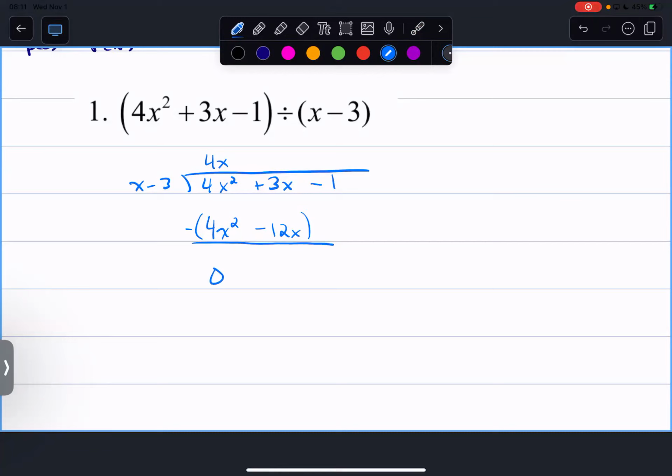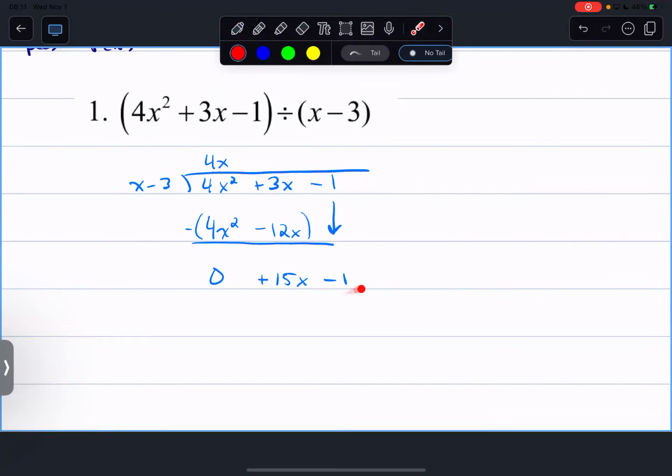So I get 0, and then 3x plus 12x puts me at plus 15x, and then minus 1, I bring it down. You can bring it down at every step, but that feels like a lot of writing, or you could not bring it down at all and just remember that it's there. That's up to you.